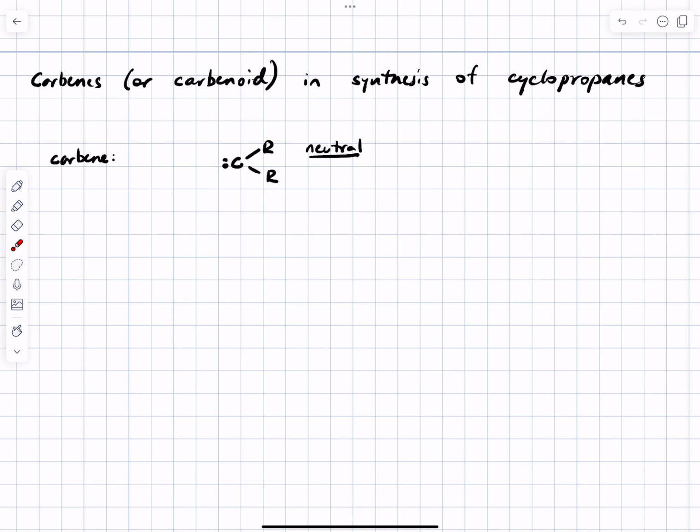You can think of the carbene as though it were essentially sp2 hybridized, with the lone pair in an sp2 type orbital and then the p orbital is empty.